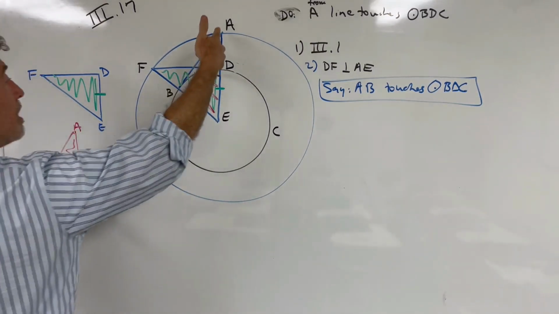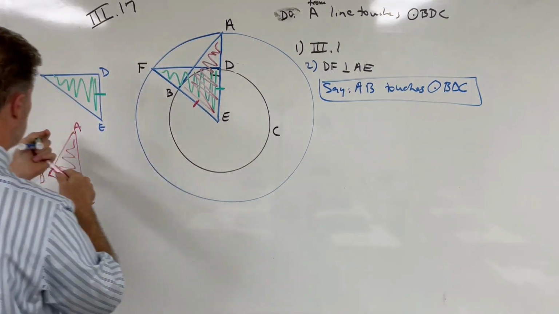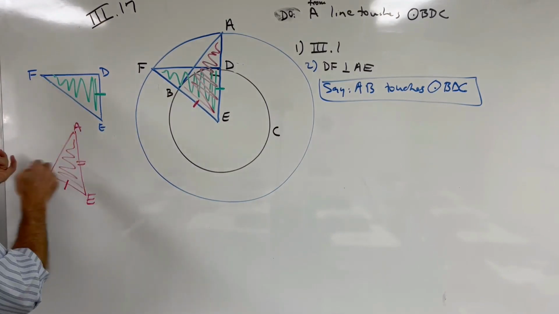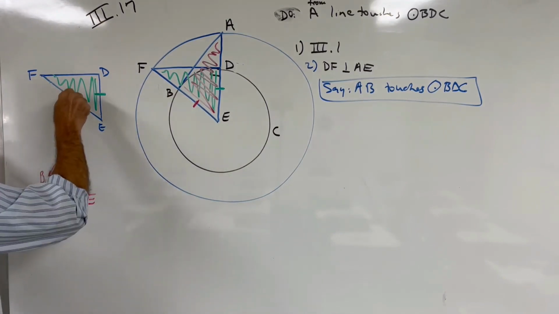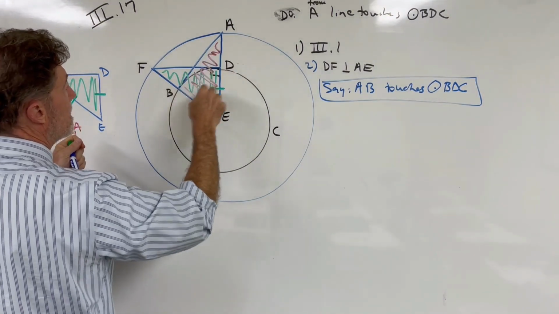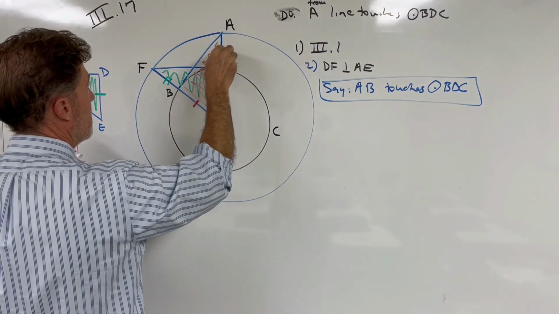And if we look at the larger circle, we can see that this radius, EF, is equal to EA. So this in green is equal to this one in the red triangle.